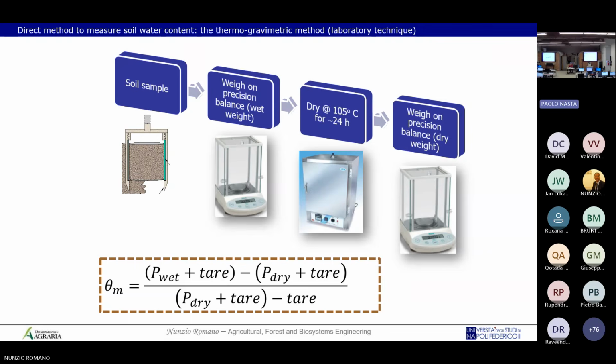Another couple of small questions. Is the free water also the plant available water? I think he means not the soil water, but the free water. No, free water is considered the water that is binding in the soil.